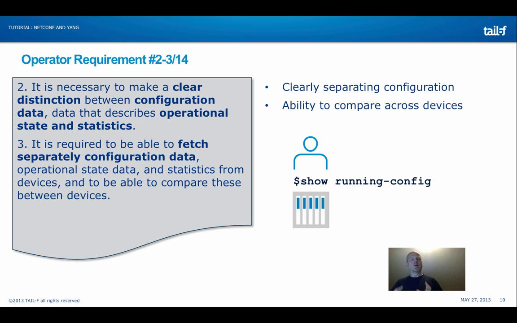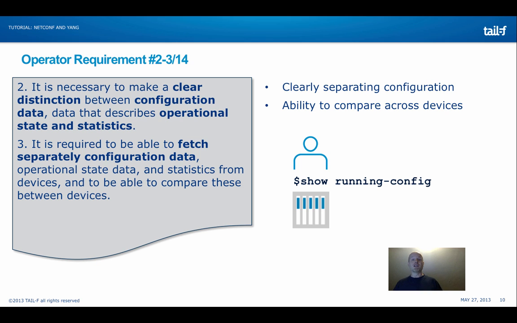Another very important characteristic, which is nothing new: every good CLI has a clear distinction between how to retrieve the config versus seeing statistics. Show running config shows you the configurable variables, how they are configured currently. That's one thing in contrast to operational state and statistics.